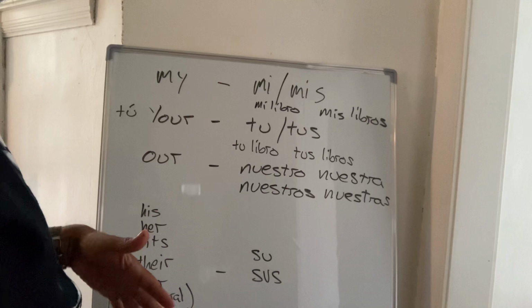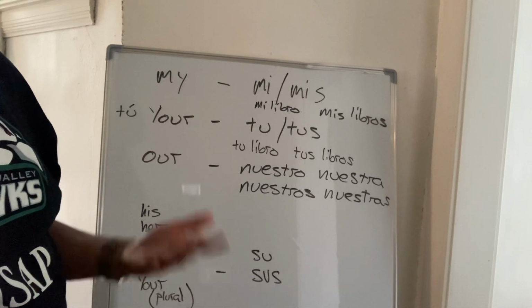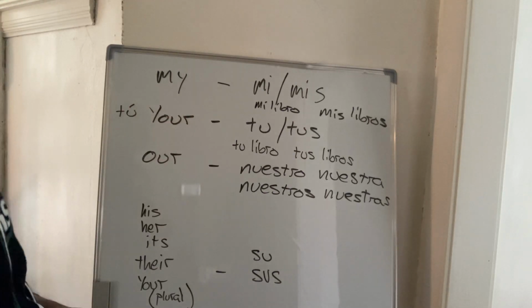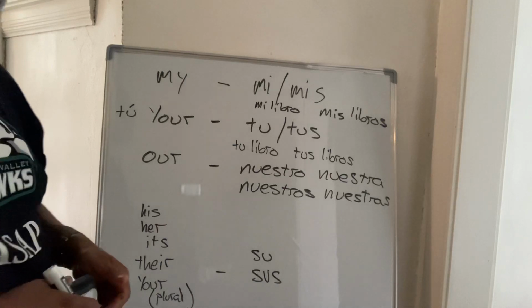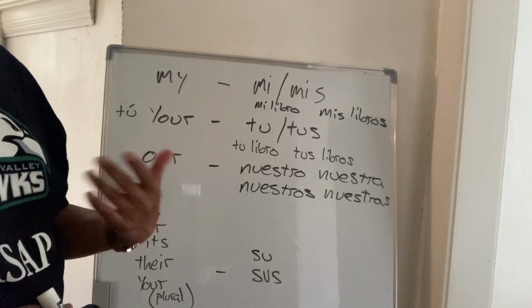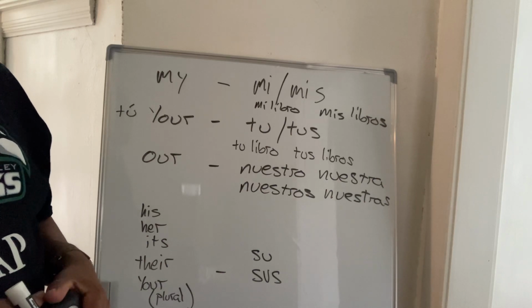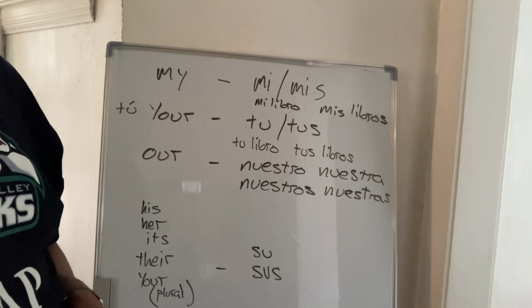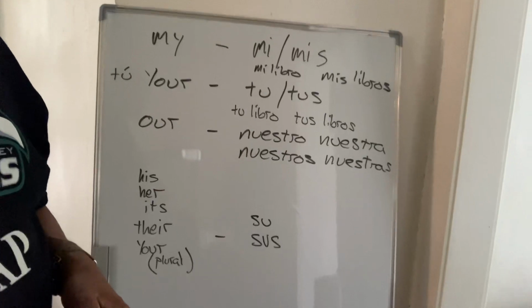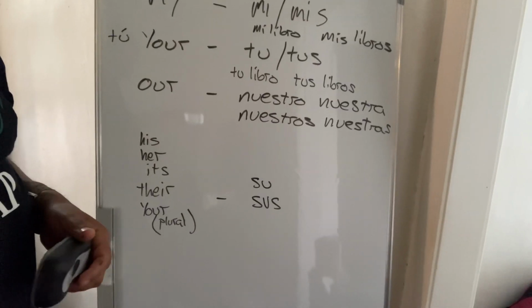Finally, and this one's fairly easy, but it gets a little bit confusing because, as I'm sure some of you have noticed in Español, sometimes we have a word that means like two or three different things in English. And this is kind of like that. Let me just angle the camera a little bit down.